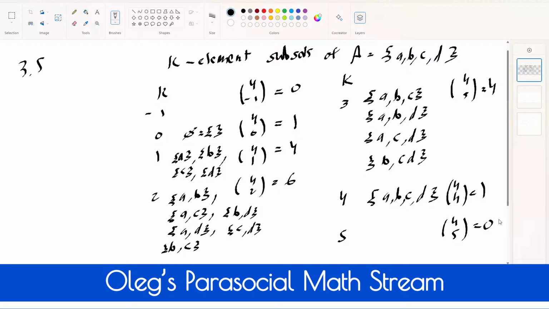So basically, what they're trying to say here is that n choose k comes from the k-permutation formula. This is the formula here. So n choose k, if we wanted to find the number of subsets of any given set, is n factorial over k factorial times (n minus k) factorial.